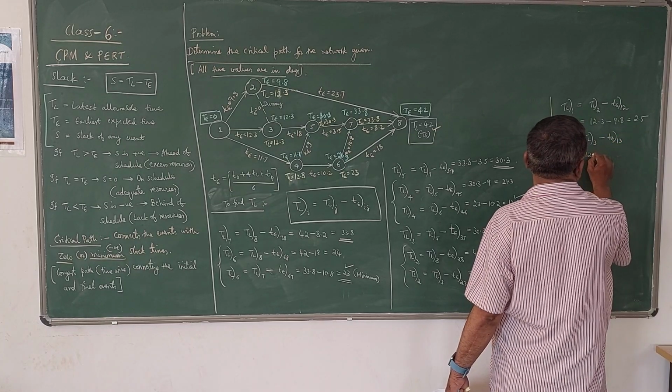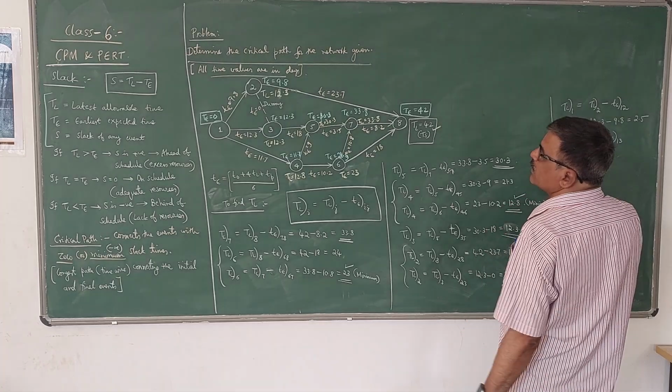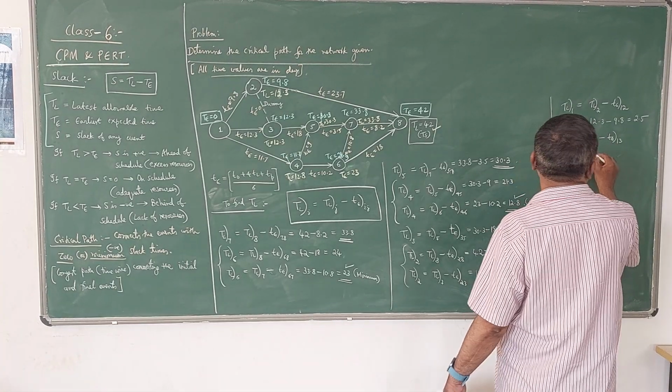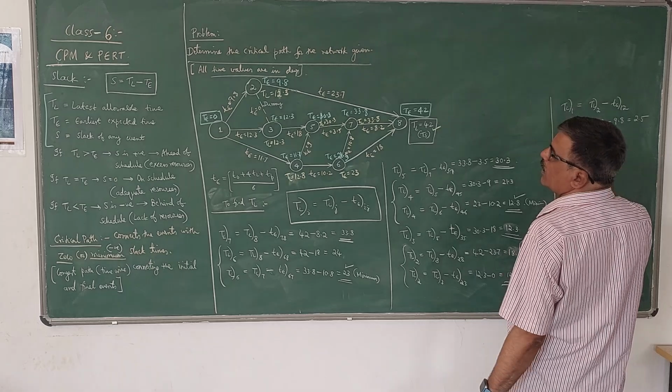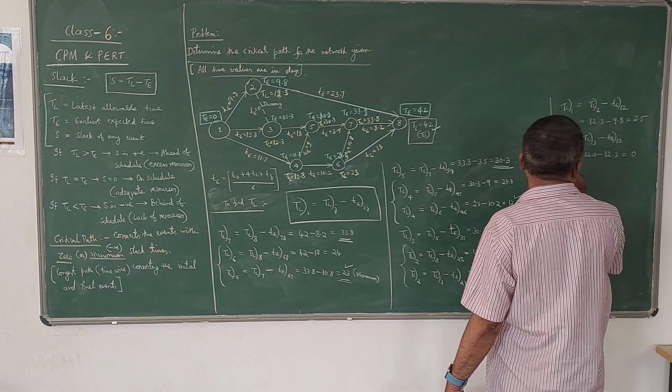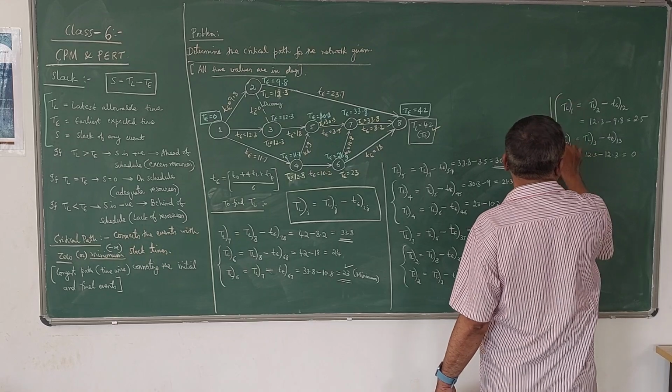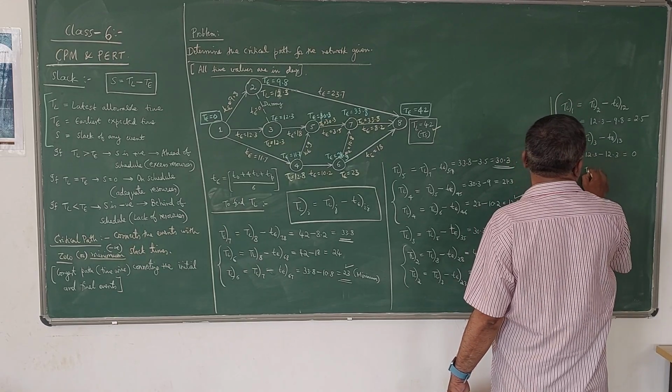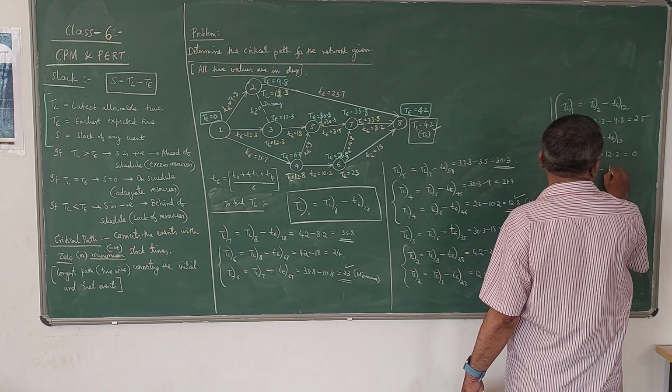Next, second: TL1 is equal to TL3 minus TE13. TL3 is 12.3, so 12.3 minus 12.3 is 0. Next, TL1 is equal to, taking the third, TL4 minus TE14.